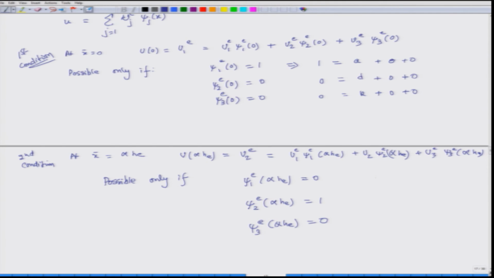So, these are the second three conditions. Similarly I will have a third condition, that at the third node I will get three more equations. So, in this way I get 9 equations and 9 unknowns, and I can solve them.